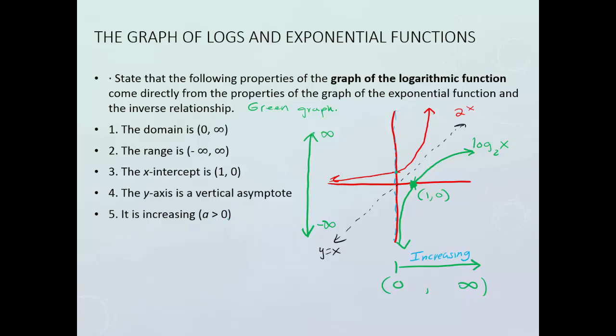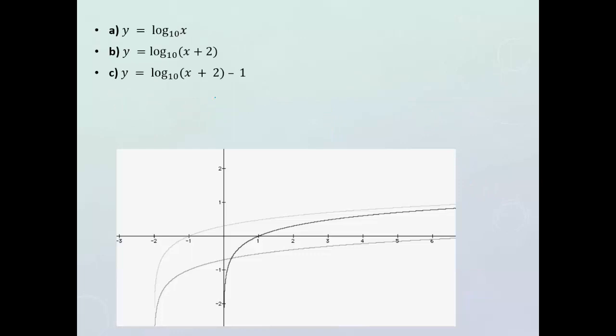From a is greater than 1. Alright, so we talked about some shifts here, and with the class I just said to them, these shifts in the transformations are all similar to what we've seen.